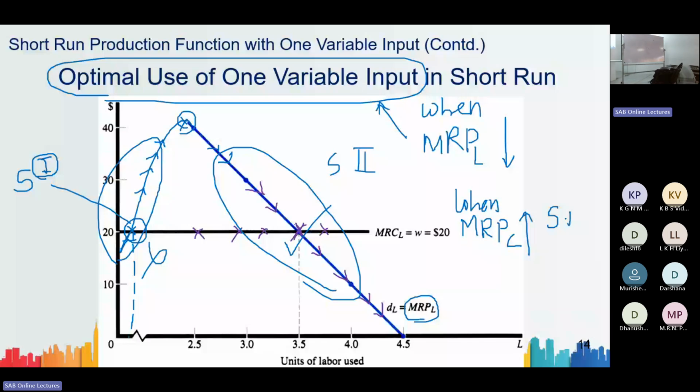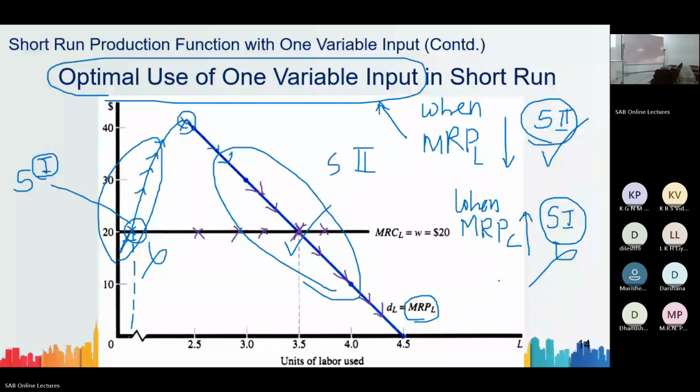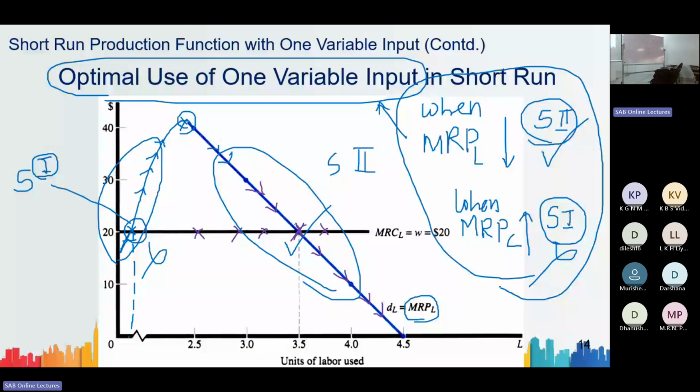At stage 1, a rational producer will not operate. When marginal revenue product of labor is decreasing, it belongs to stage 2. In stage 2, a rational producer will operate. Therefore, we have to link this knowledge when deciding which is the optimum use of labor input in our calculations.